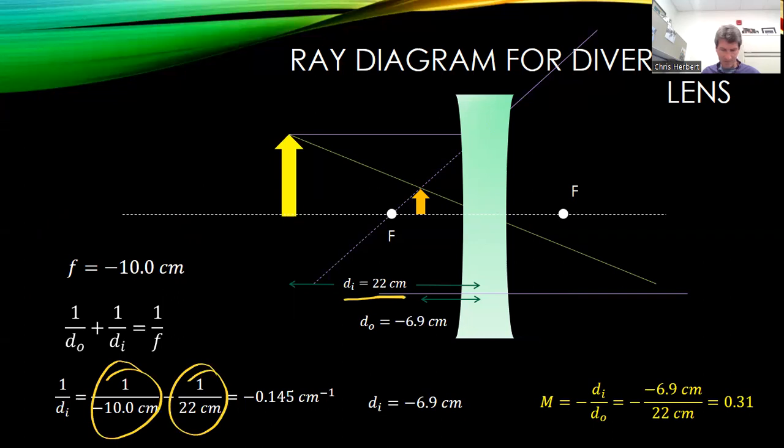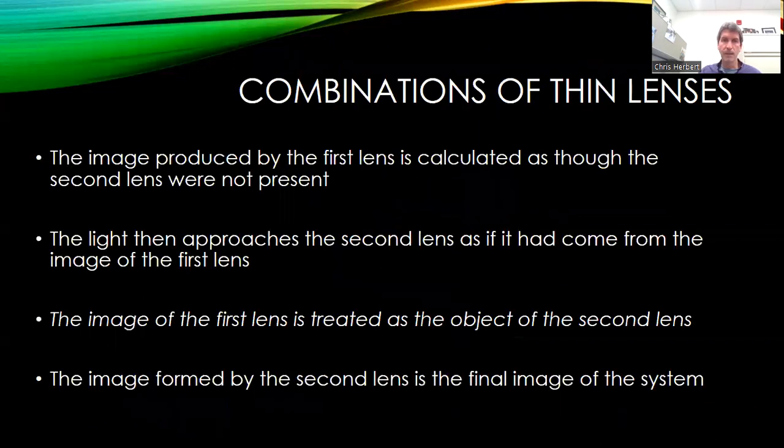And yes, this is DO, this is DI. So there we go. The object was 22 centimeters away from the lens. Here the image forms at negative 6.9 centimeters. And again, here's negative 10, here's negative 6.9. It gives me a virtual image, which is right side up, at a magnification of 0.31.